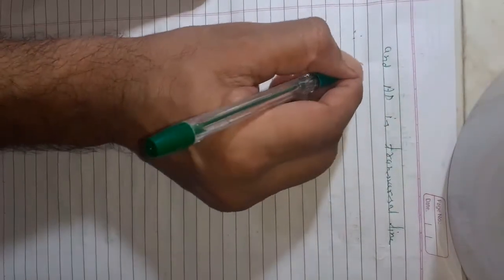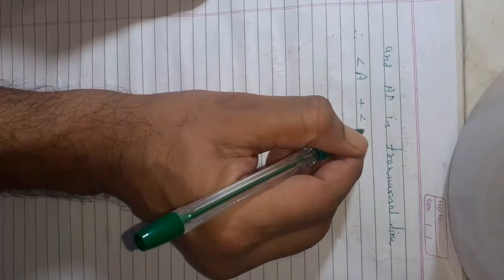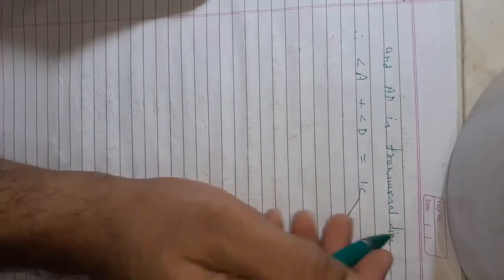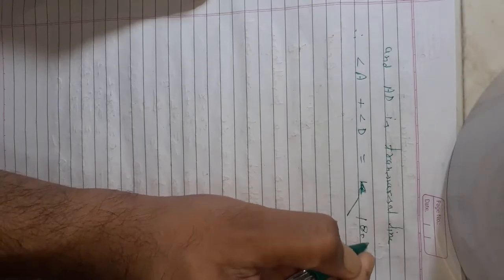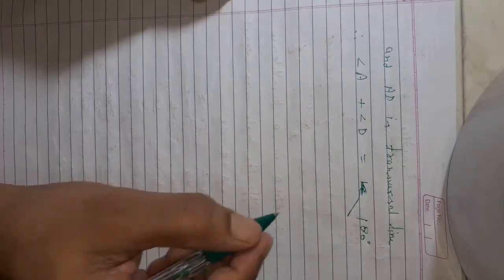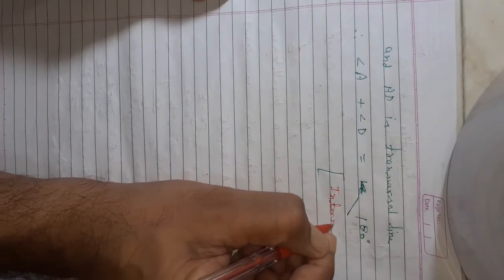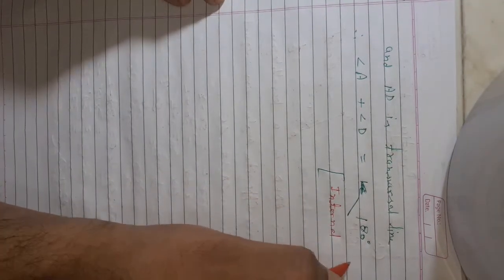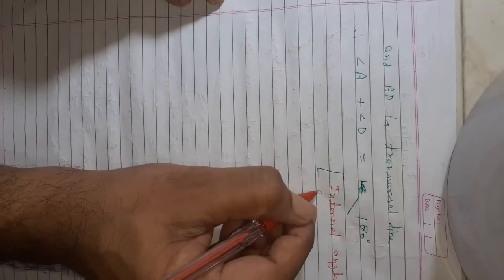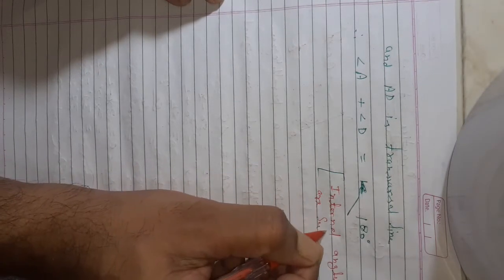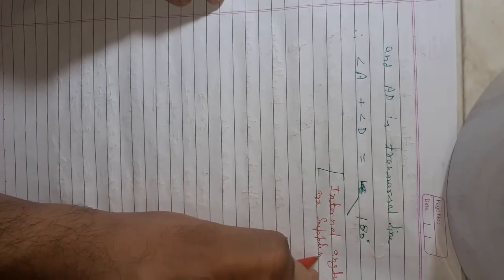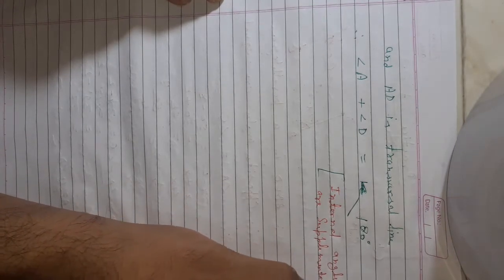Therefore angle A plus angle D is equal to 180 degree. Internal angles are supplementary.